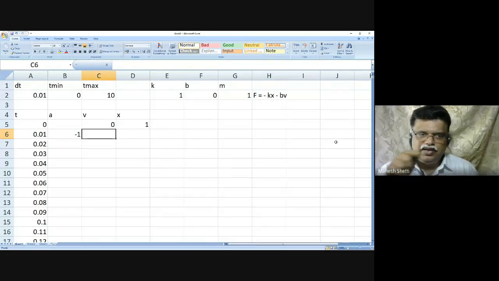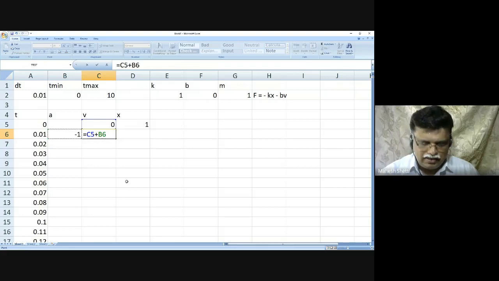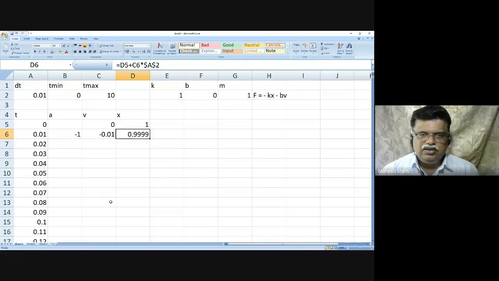Now based on this acceleration I'll calculate the velocity. So velocity is equal to the old value of velocity, on top of that this acceleration multiplied by delta t, which is $A$2. And the same formula I can copy here, because the positional relations are the same.